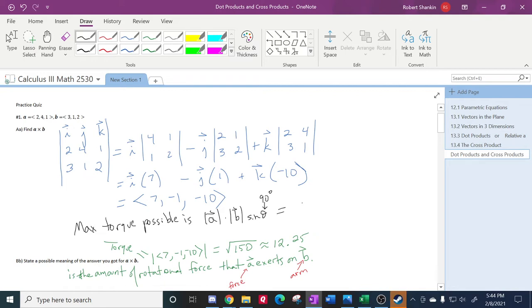The magnitude of A is 4 plus 16 plus 1, which is the square root of 21, times 9, 10, 14.